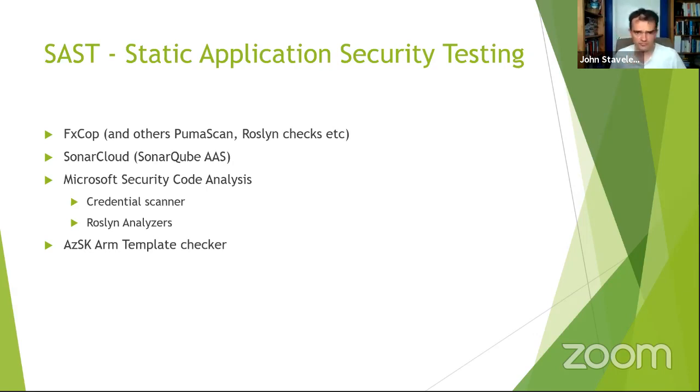Others exist like Scan and modeling checks, but I'm just going to use fxcop here. Sonar Cloud, which is SonarQube as a service, which is a really good product. And then Microsoft Security Code Analysis, a suite of security tools which they provide as a package, and the Azsk ARM template checker. So you can check your application code with the first three, and then your platform code with the last one.